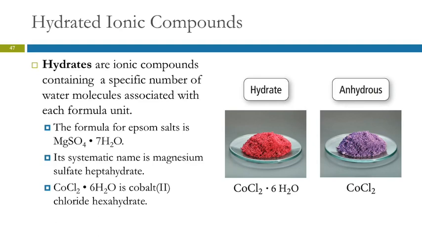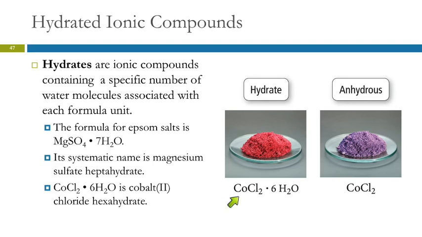If we heat that, we can drive the water off, and then we have the anhydrous version, or the anhydrate. An is a prefix that means without, so this is without water. Now the formula is CoCl2 because there's no water in it, and the color changes. When we're naming these, we name the ionic compound, and then we specify the number of water molecules.